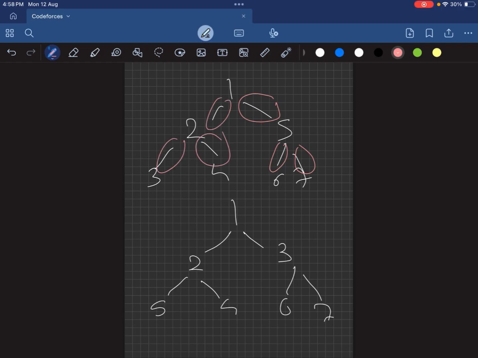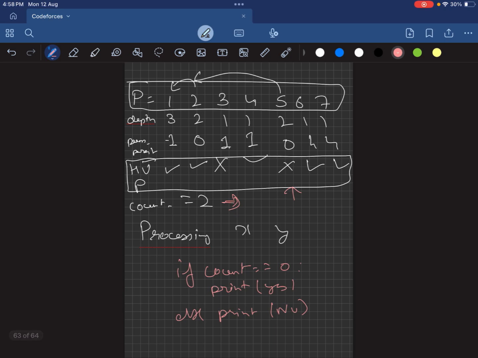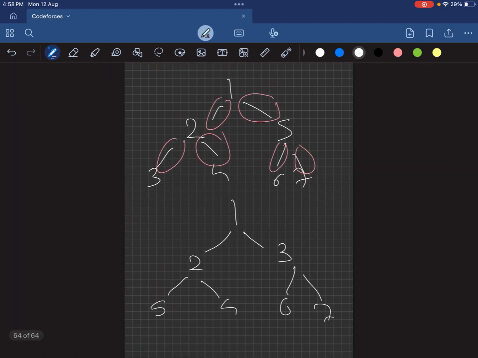Okay, in this case, sorry, I made a mistake earlier. Even these two guys don't have their valid parents. My bad. So now we have to check whether all these places are satisfying. Actually, we don't have to check all these.